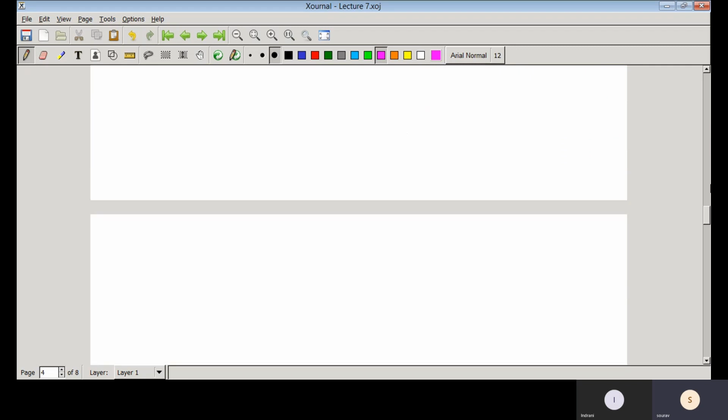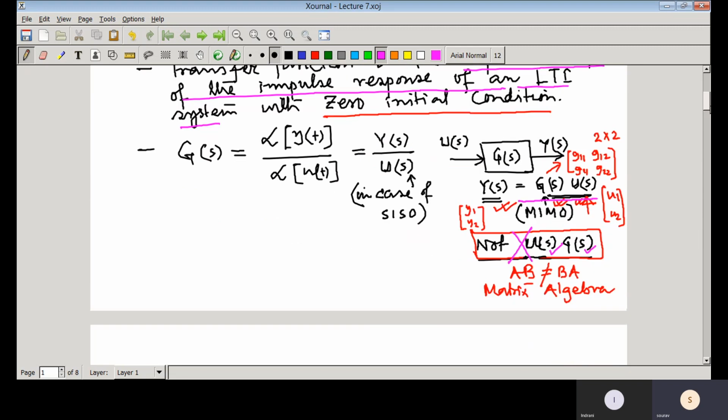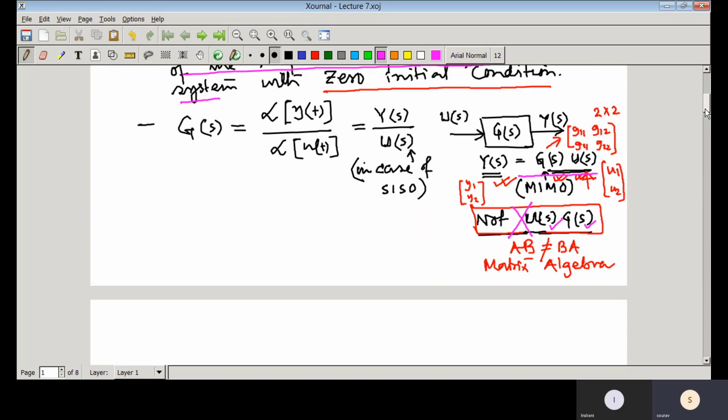So I'll be again representing some important features of the transfer function. It is a unitless quantity, and it is only applicable for LTI systems. That means only linear time invariant systems can be modeled using the transfer function method.